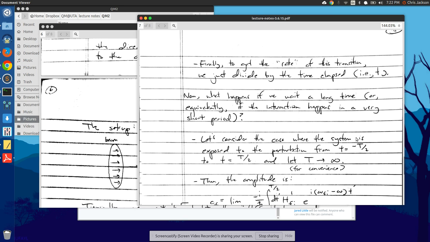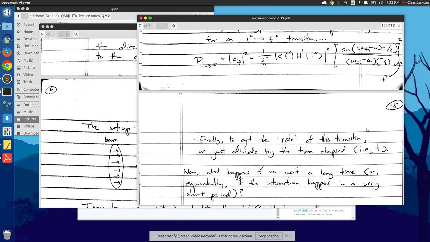In other words, compared to the time that it takes the particle to get from the accelerator to the part where it interacts, that time difference is very large, right? So it takes a long time for the particle to get there. It interacts very quickly, and then it takes a long time for the particle to get to our detector, relatively speaking, right?